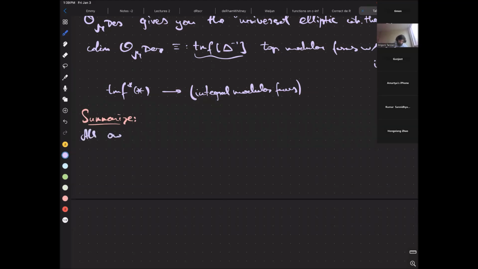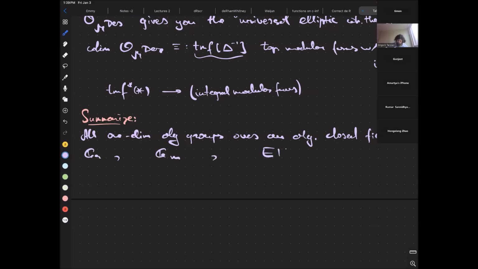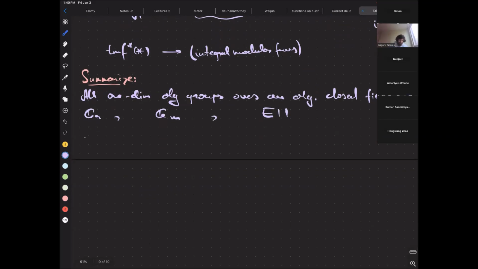All one-dimensional algebraic groups over an algebraically closed field are G_a, G_m, and elliptic curves. This gives you singular cohomology, this gives you K-theory, and this gives you elliptic cohomology.